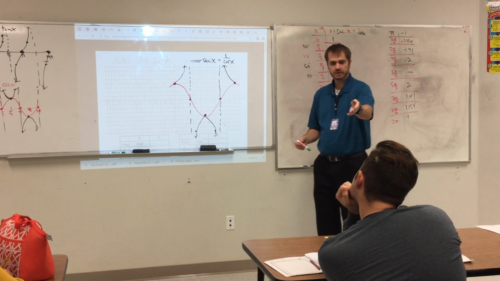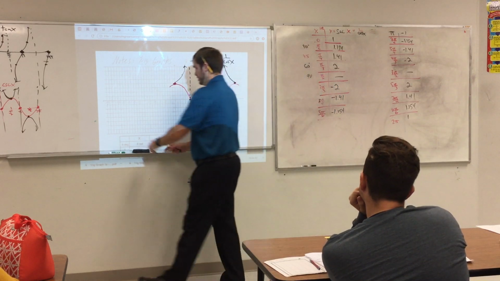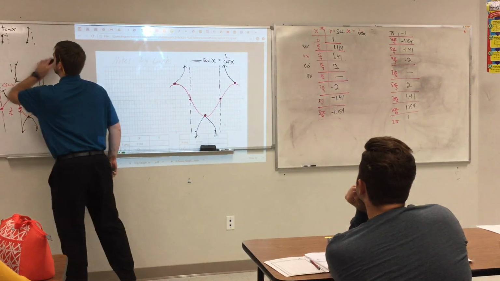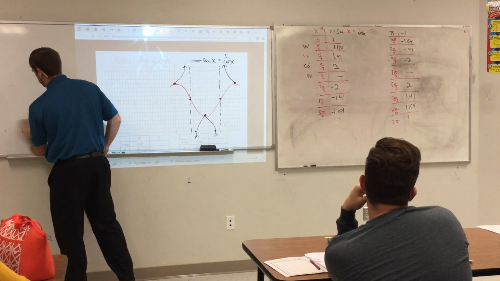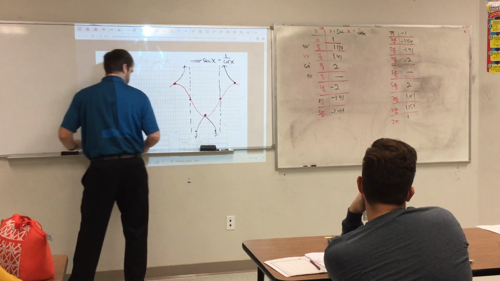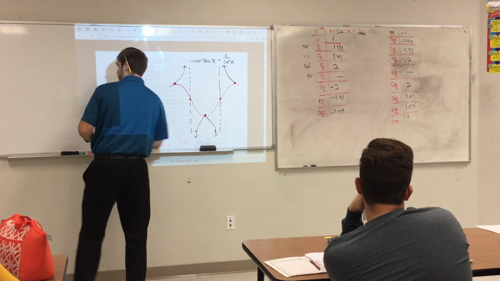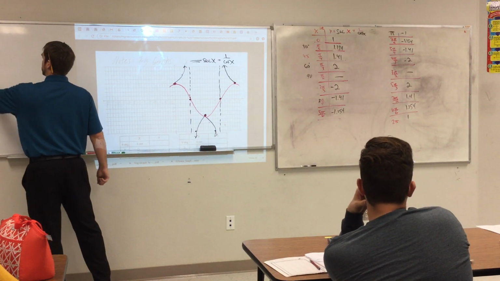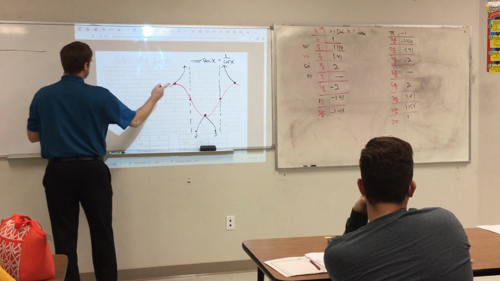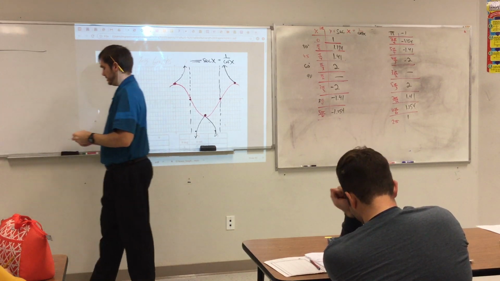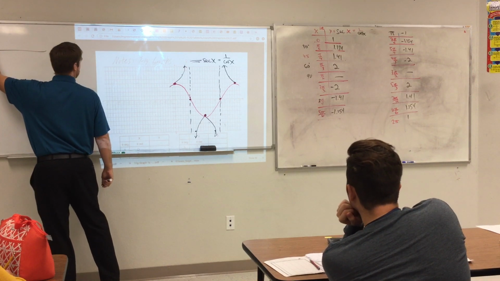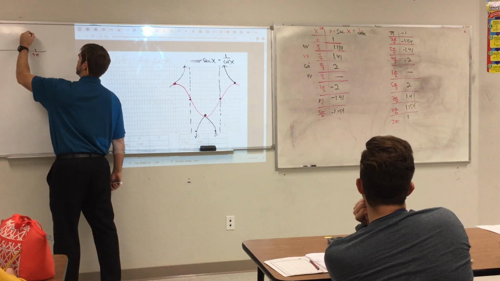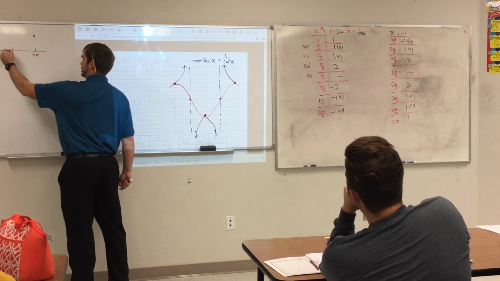So, if you pull out your chart over there for your quick reference, whenever I have to graph secant, I don't graph secant, I graph cosine. I know cosine starts high. At 2 pi, it ends high.